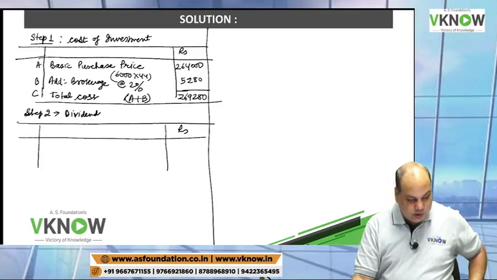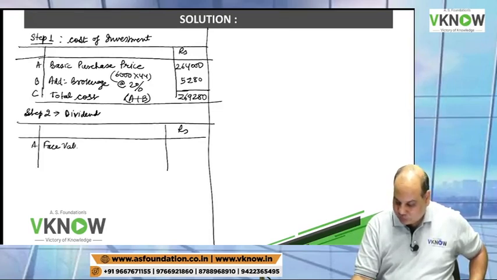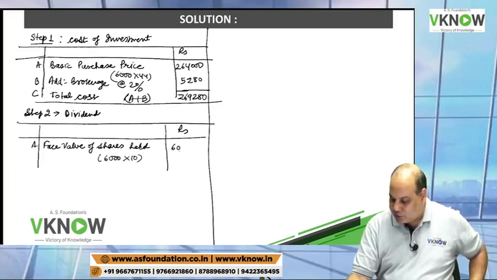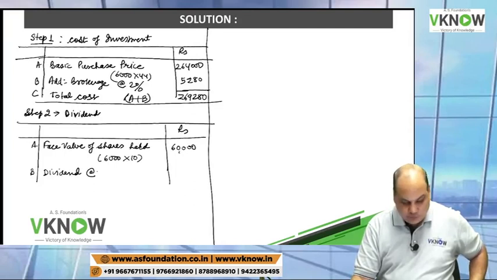So dividend will be received on face value. Face value of share is 6,000 into 10 rupees. Dividend is calculated on face value. And point number B, dividend at the rate of 18%. So that is 10,800.